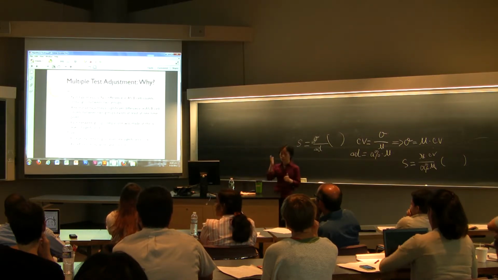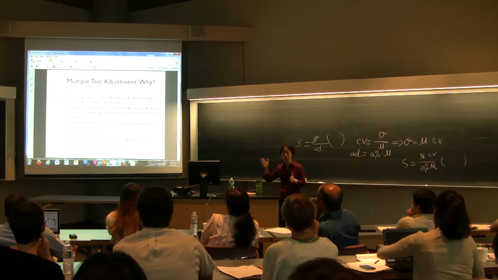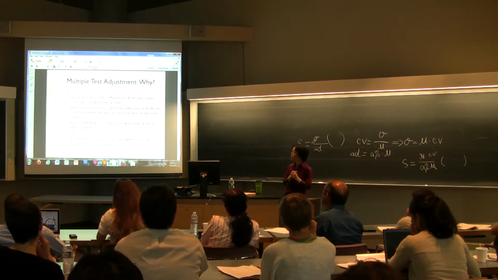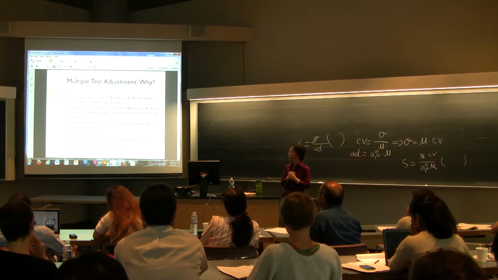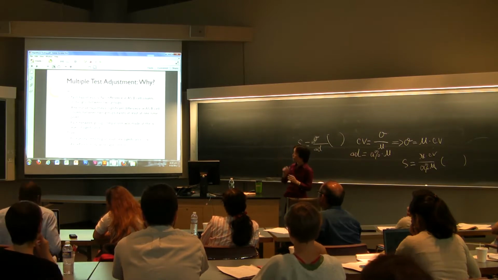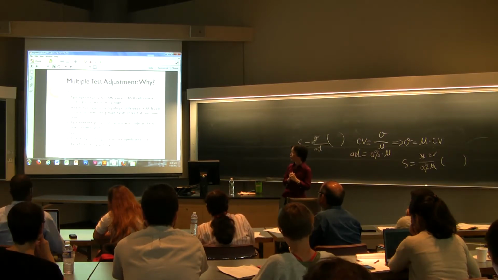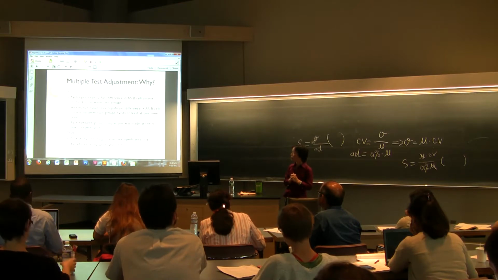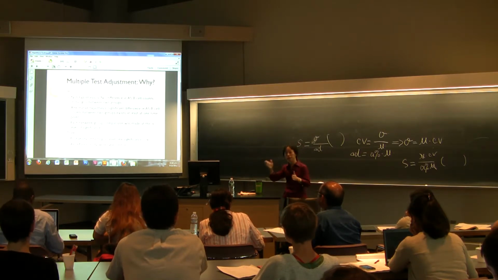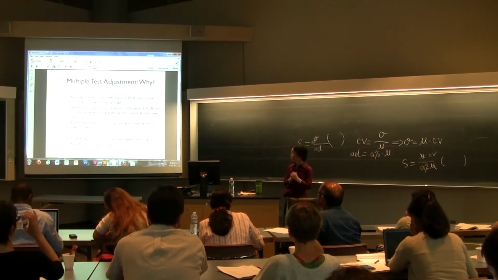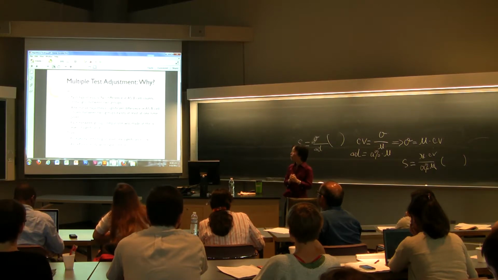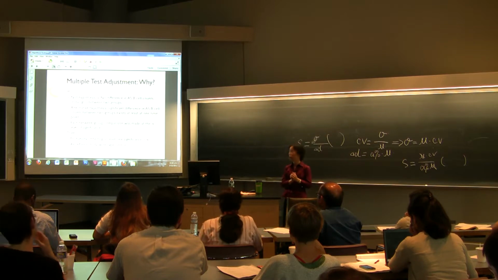Here, because we do tests at 4 time points, we need to do multiple test adjustment. Why? The null hypothesis is no difference in total IgG between two groups at each time point, and the alternative hypothesis says there is a group difference at least at 1 time point.